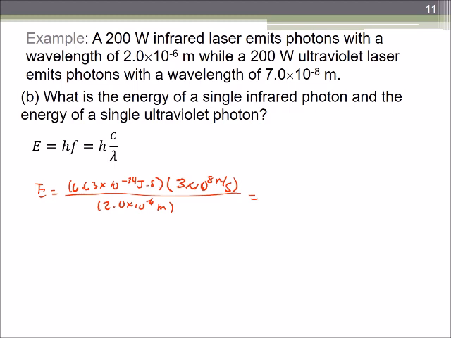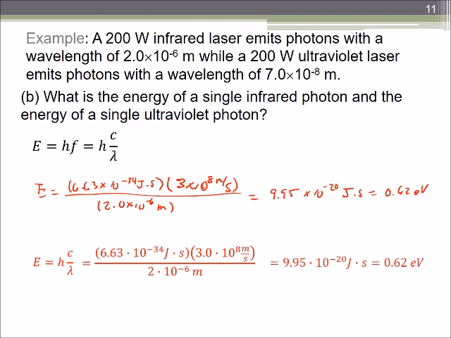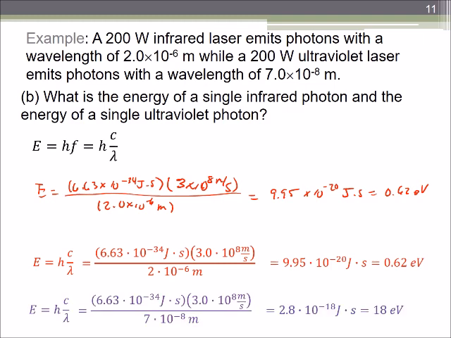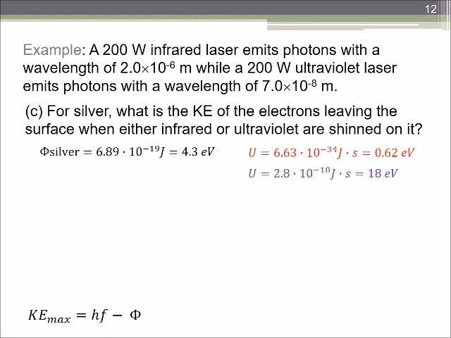That gives us a value of 9.95 times 10 to the negative 20th joules, or 0.62 electron volts. We can do the same thing with purple and find that it has considerably more energy at 18 electron volts.